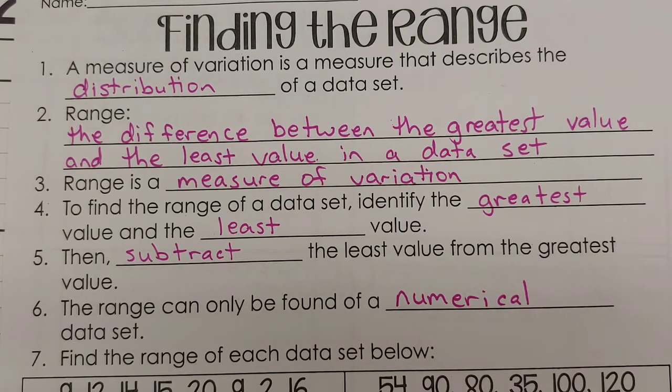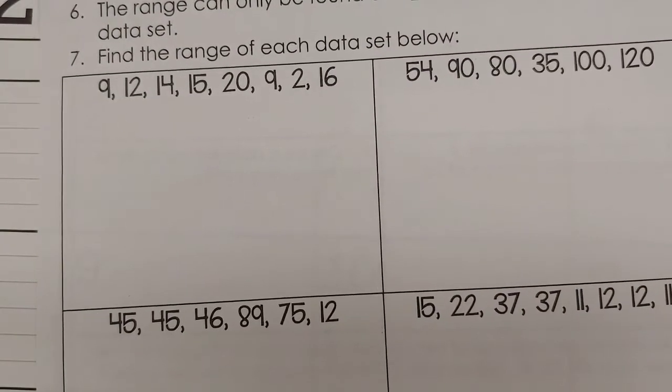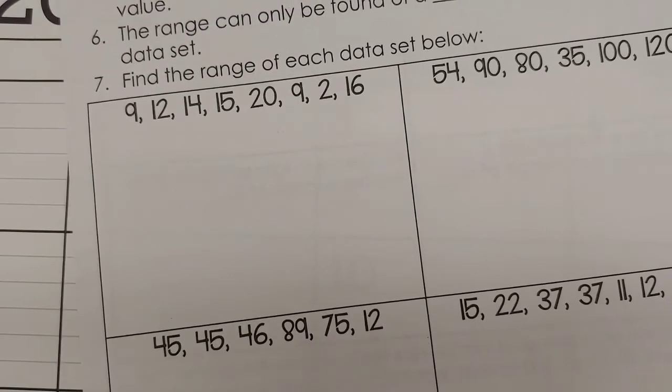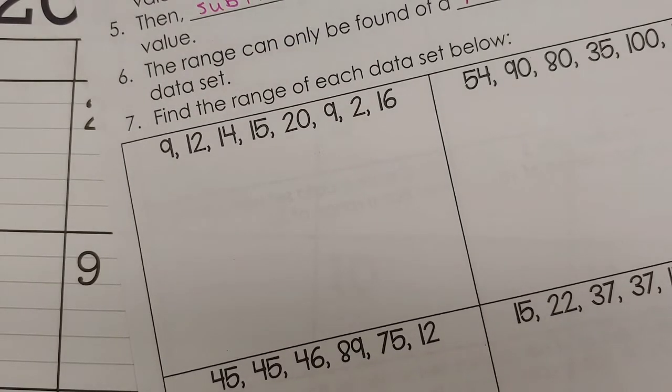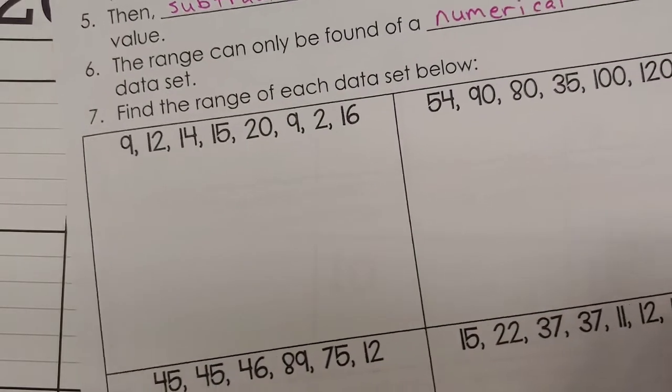Now we're going to go to 7. Find the range of each data set below. So, first thing we need to do is find the smallest and the largest number in these data sets. I'm going to do both of these two different ways.